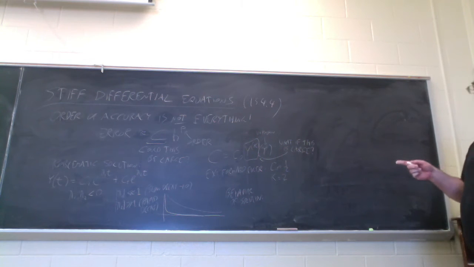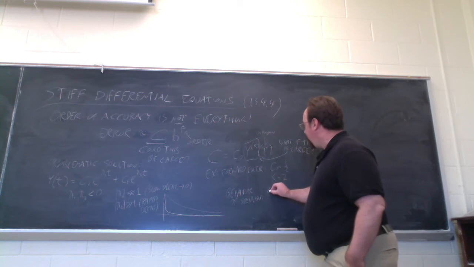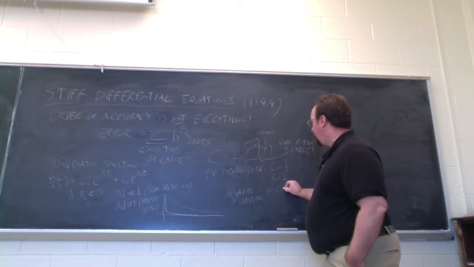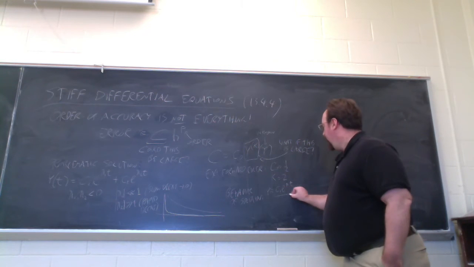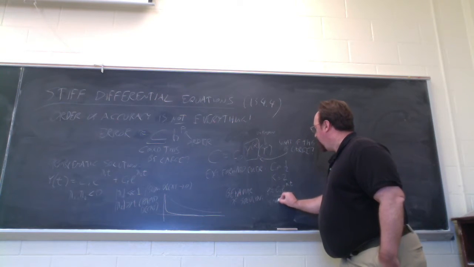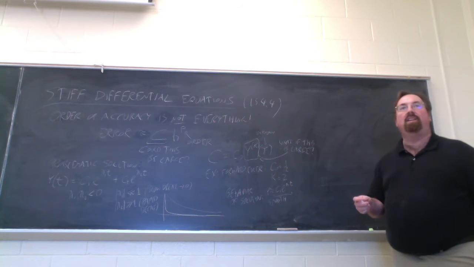Because the second term with e to the lambda 2t becomes small very quickly, your solution is dominated by just the first term. And because it's decaying to 0 so slowly, this is a smooth function. It's not changing very rapidly. So what does that mean?